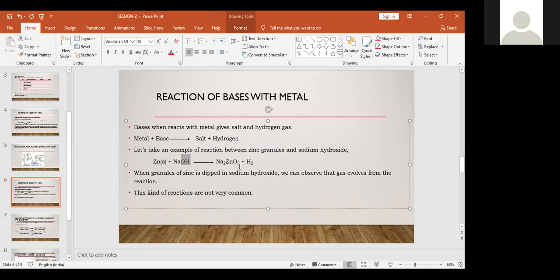Because if this reaction has to happen, a metal should be able to take the place of hydrogen in the radical. Which is not easily happening because they are already very good friends. Okay, ma'am.